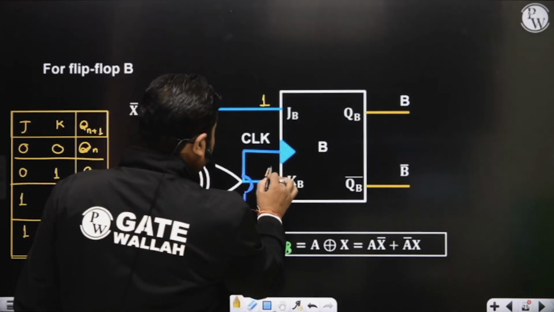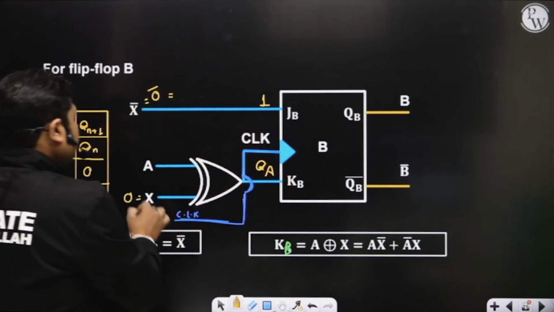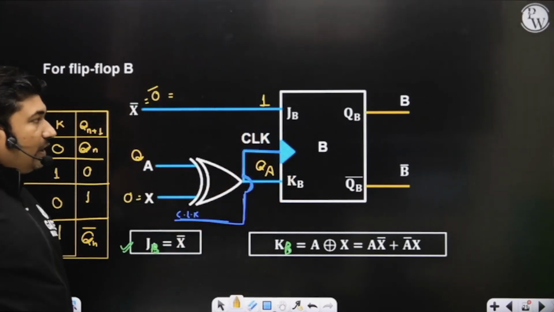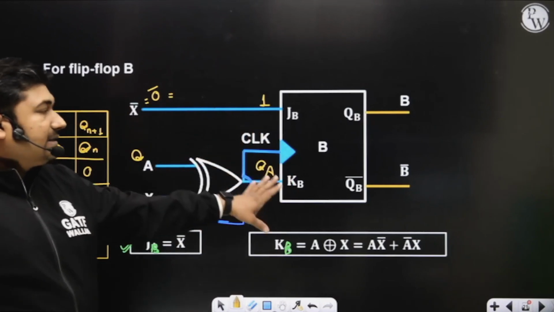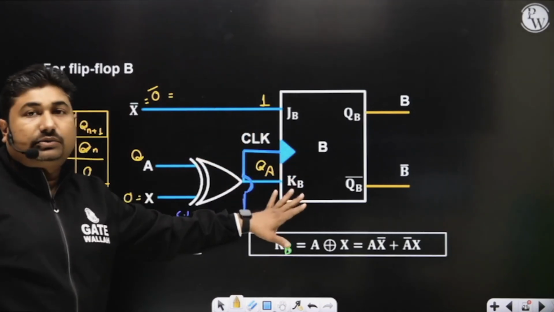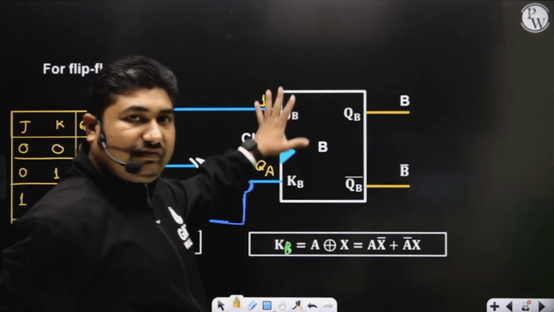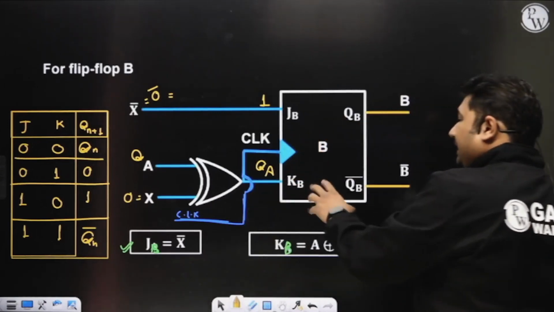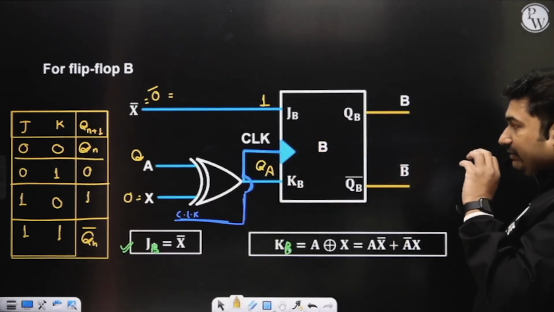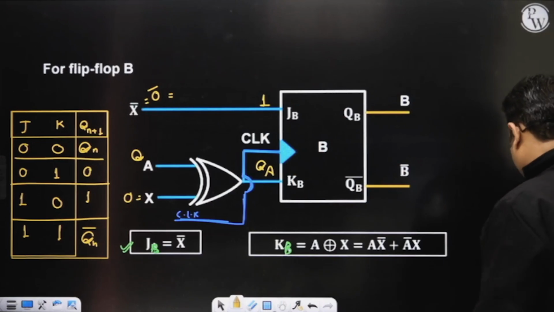So we have QA only. It means whatever will be QA, the same will appear onto KB.